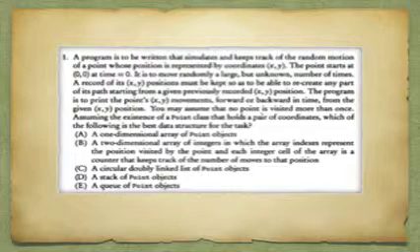Okay, a program is to be written that simulates and keeps track of the random motion of a point whose position is represented by coordinates x, y, and the point starts at 0, 0 at time equals 0. It is to move randomly a large but unknown number of times. A record of its xy positions must be kept so as to be able to recreate any part of its path starting from a given previously recorded xy position.